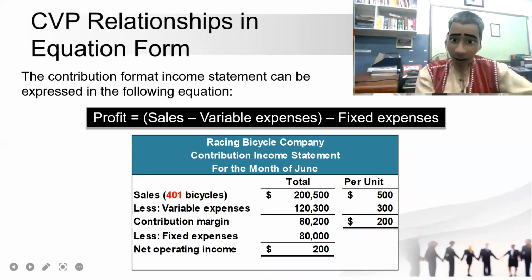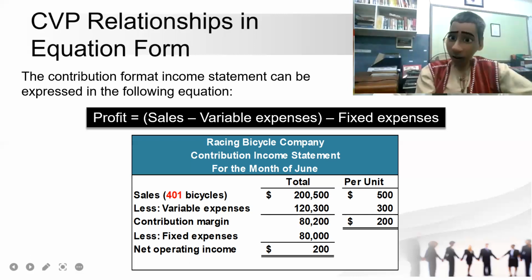Just like in this instance, you have per unit contribution margin, as you can see on the table, equal to $200. How many bicycles are over the break-even point of 400? 401 minus 400, that is 1. One bicycle is over. So 1 times 200, our net income is 200.